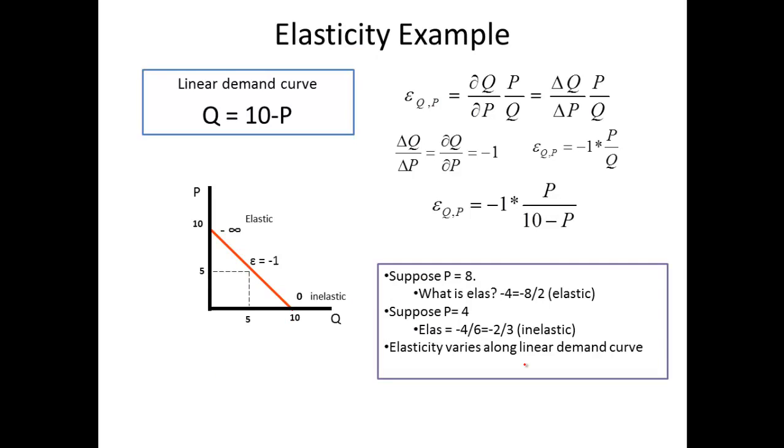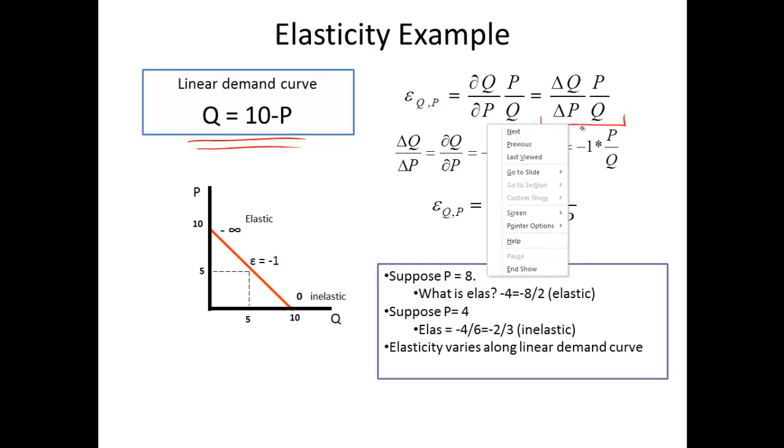Let's work through an example with a particular demand curve just to make sure we've got this straight. So here's this straight line demand curve, Q equals 10 minus P. The elasticity, and let's jump to this version of the formula that we said is pretty handy. So it's the change in Q with a change in P, times P over Q. Now what's the change in Q with a change in P?